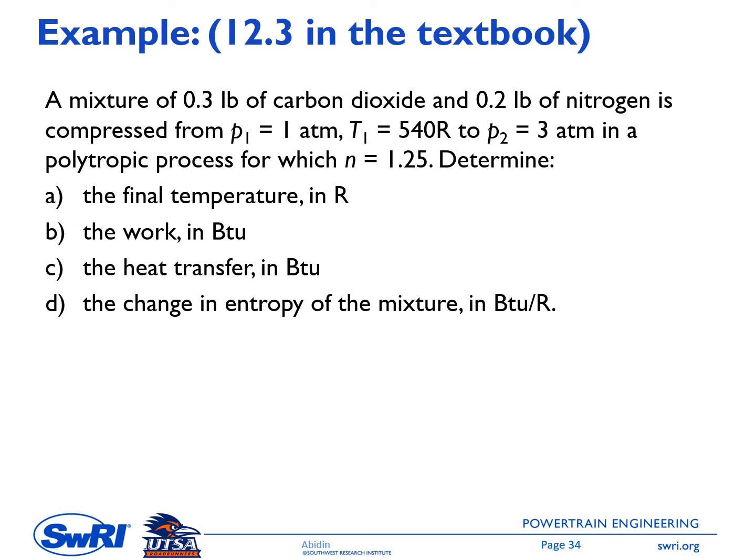I think this is in chapter 2 of Thermo 1 when we talk about the first law of the polytropic process, for which n equals 1.25. The questions are: the final temperature in Rankine; second, the work in Btu, and the heat transfer in Btu; and the last question is the change in entropy of the mixture in Btu per degree Rankine. Let's have a look at the solution of this example.